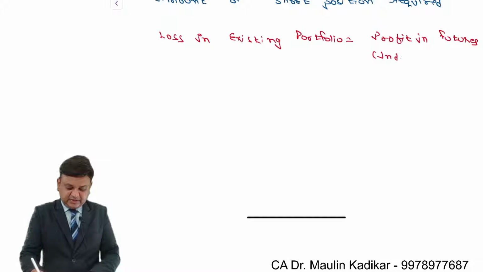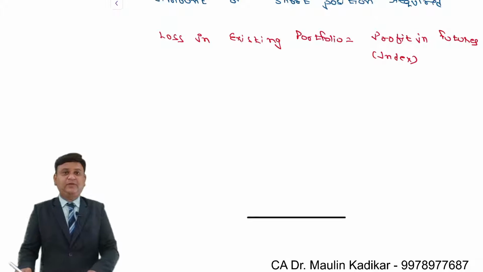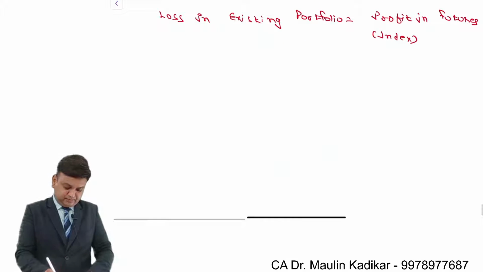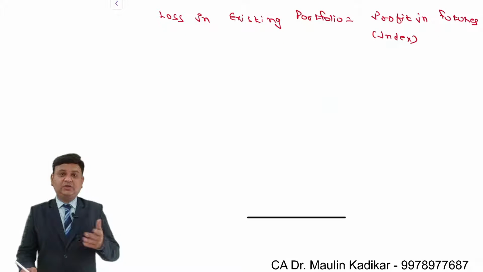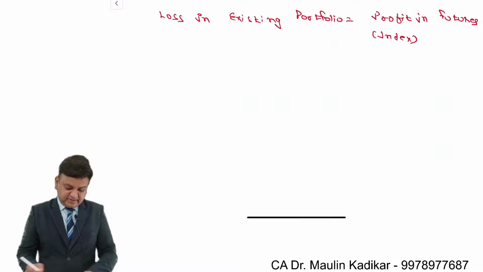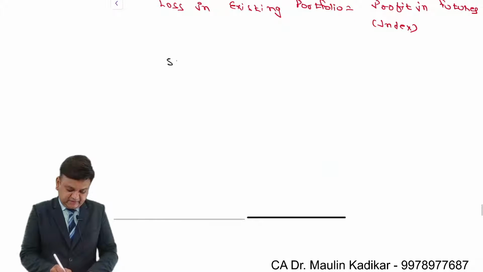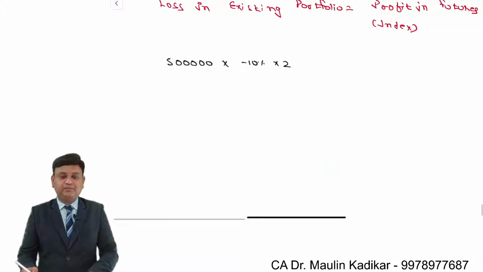In bracket I am writing index, that is profit in index futures. So what is the loss in the existing portfolio? We understand that, say 5 lakhs into negative 10% into 2.